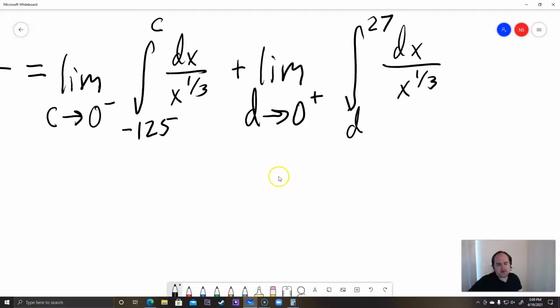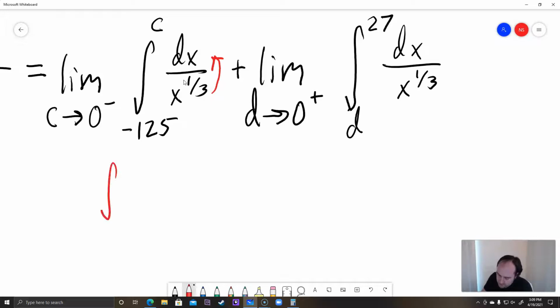Okay, and then all we have to do from there is find the antiderivative. These are actually the same antiderivative, or indefinite integral, so we can just calculate it once. Remember, 1 over x to the 1/3, if we move it to the numerator, becomes x to the negative 1/3.